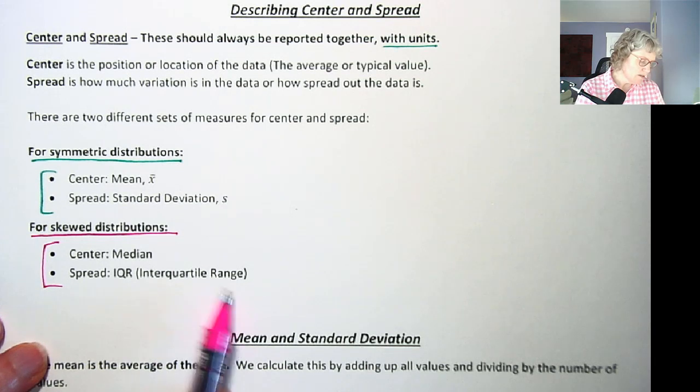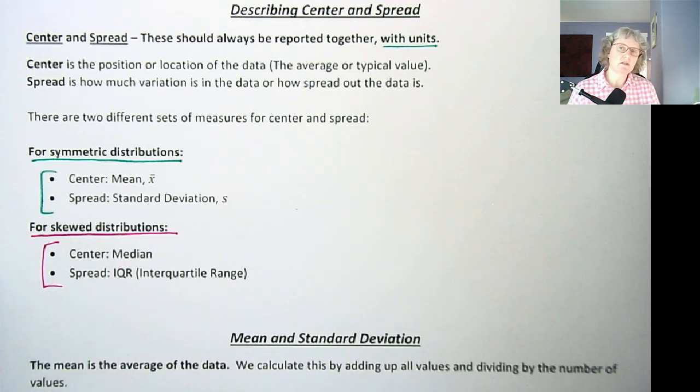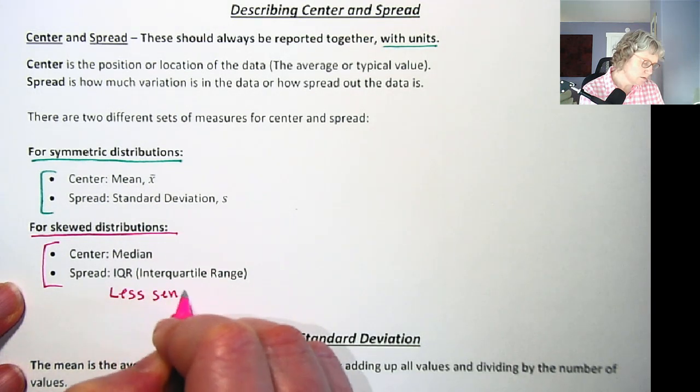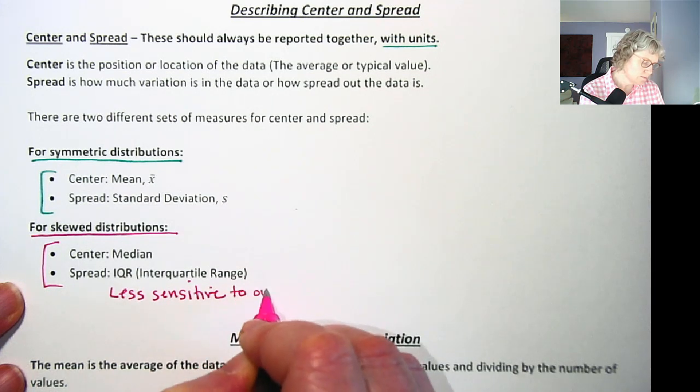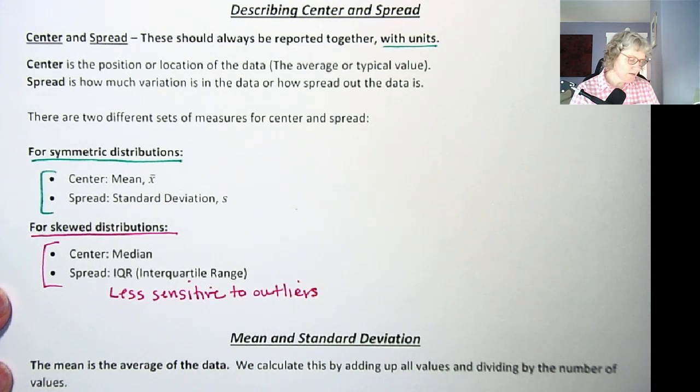The reason we're using different ones is that with skewed data, one tail is longer than the other, so there might be some outliers. These measures are less sensitive to outliers. That's why we're using the median and the IQR for this.